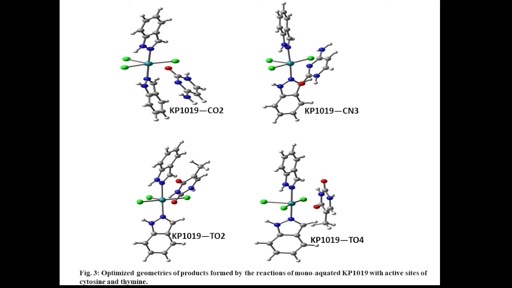And similarly, the optimized geometries of products formed by the reaction of the monoaquated drug with active sites of cytosine and thymine: O2 and N3 sites of cytosine, and O2 and O4 sites of thymine. All the calculations were done with the M06-2X functional in the gas phase, as mentioned in the computational details.